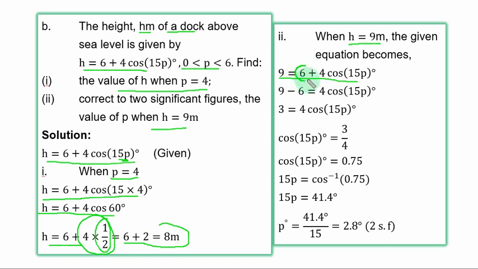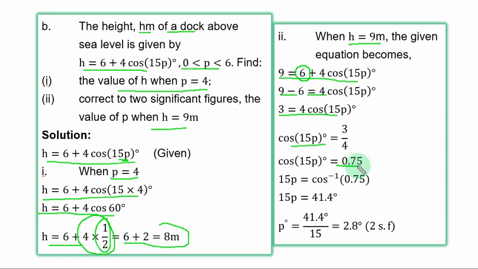If you transfer plus 6 to the left hand side, you have 9 minus 6 equal to 4 cos 15p, and you have 3 equal to 4 cos 15p. Divide both sides by 4 so that cos 15p will stand alone. So you have cos 15p equal to 3 over 4, and that is 0.75.